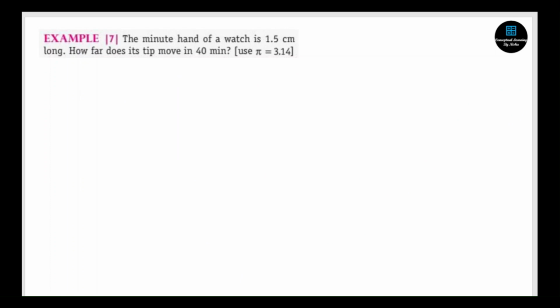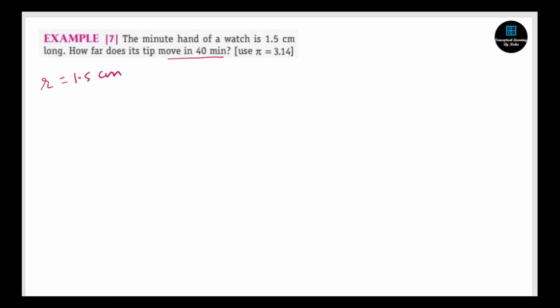Now again, an interesting question. The minute hand of a watch is 1.5 centimeter long. So that's nothing but the radius you have to consider, 1.5 centimeter. Now, how far does its tip move in 40 minutes?